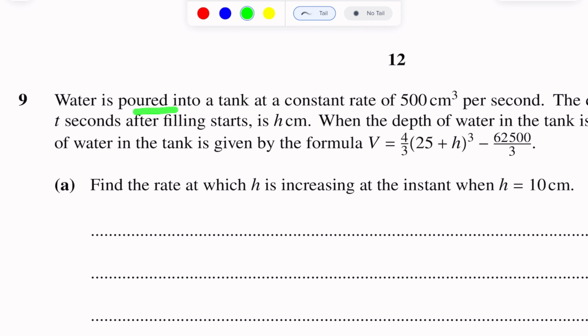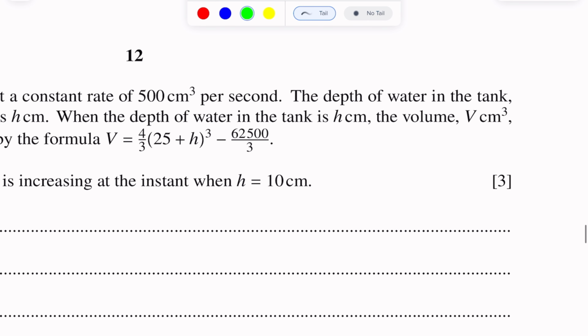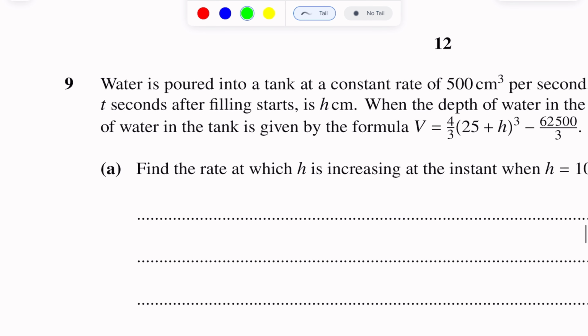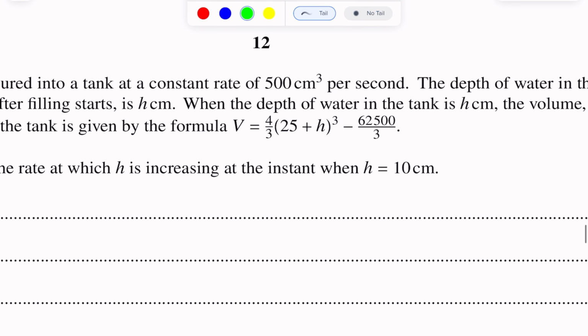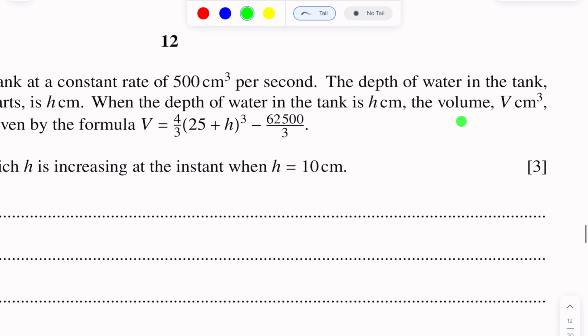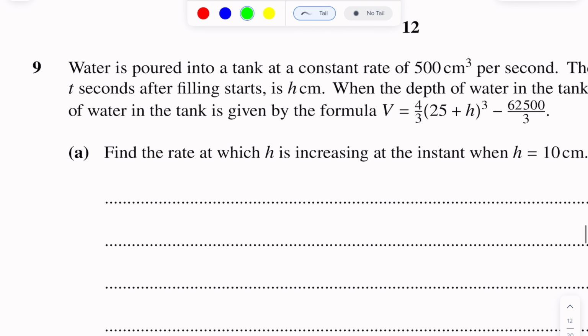Water is poured into the tank at a constant rate of 500 cm cube per second. The depth of the water in the tank t seconds after filling starts is h cm. When the depth of the water in the tank is h cm, the volume of the water in the tank is given by the formula.